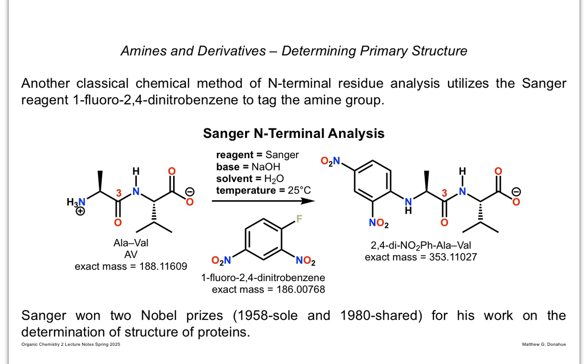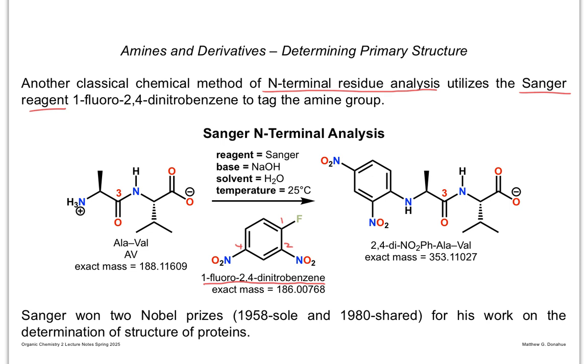Another reagent that's used to carry out N-terminal residue analysis is called the Sanger reagent. The Sanger reagent is 1-fluoro-2,4-dinitrobenzene.